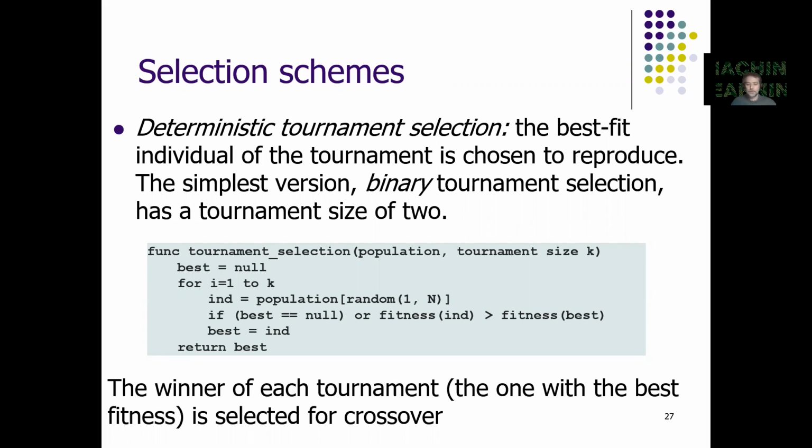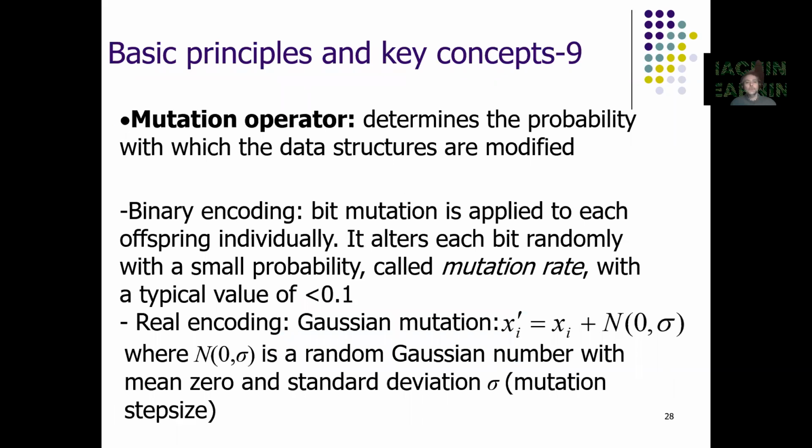So the winner of each tournament has the best fitness. It's selected for crossover. In mutation, mutation alters the gene in the chromosome, and the operation depends on what kind of encoding we are going to use. So if you use binary encoding, it means that our chromosomes have only binary digits, 0 and 1.